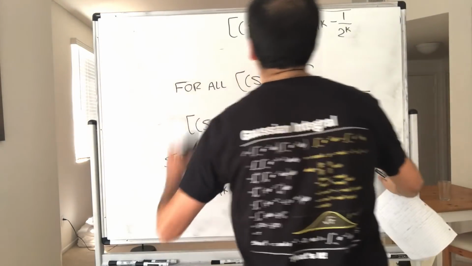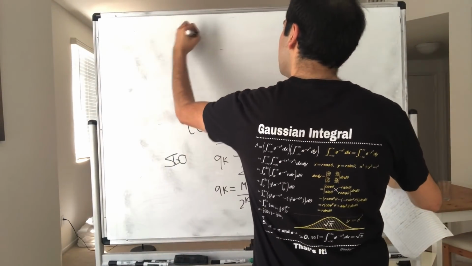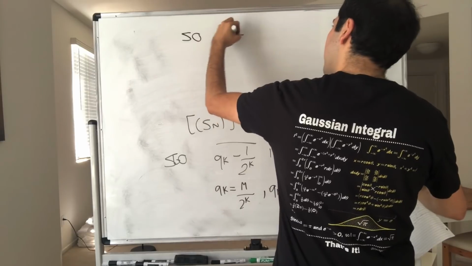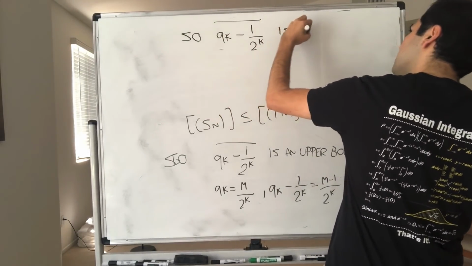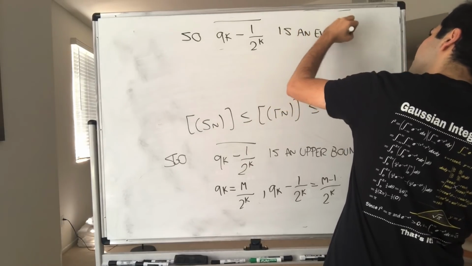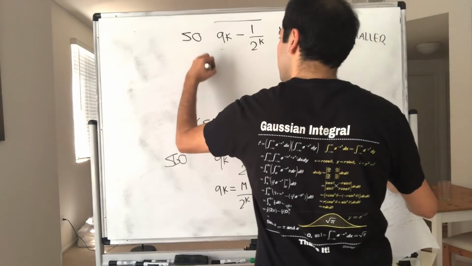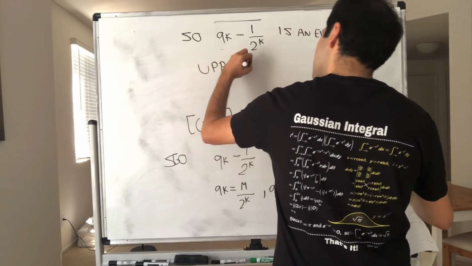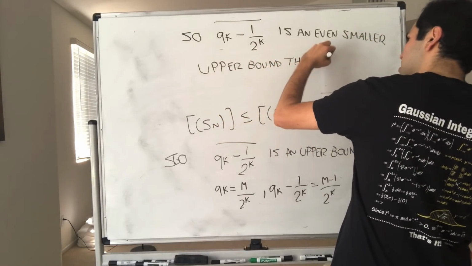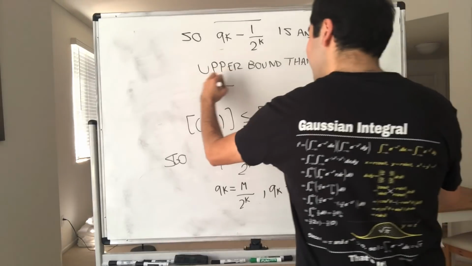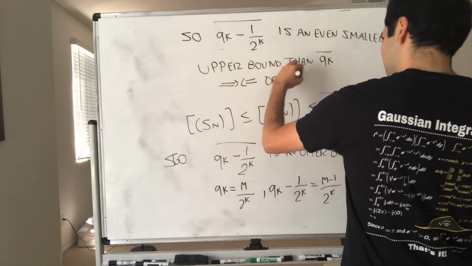So in other words, it is an even smaller upper bound than Qk, and it literally contradicts the definition of Qk.